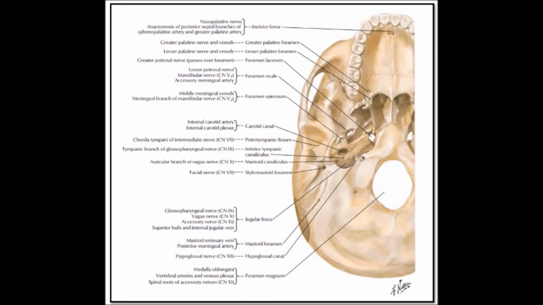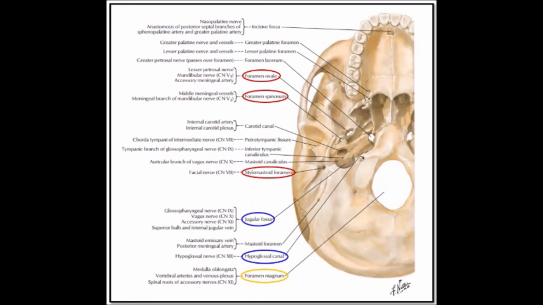The cranial nerves are labeled 1 through 12, but please remember to learn their actual names too. In this slide, not all of our cranial nerves are accounted for. We can see branches of cranial nerve 5. We can also see cranial nerve 7, 9, 10, 11, and 12.